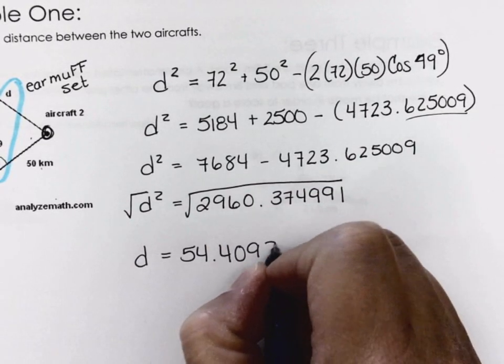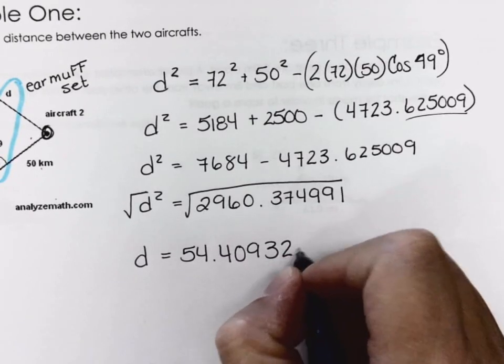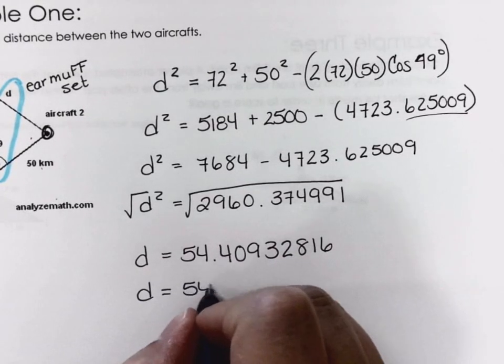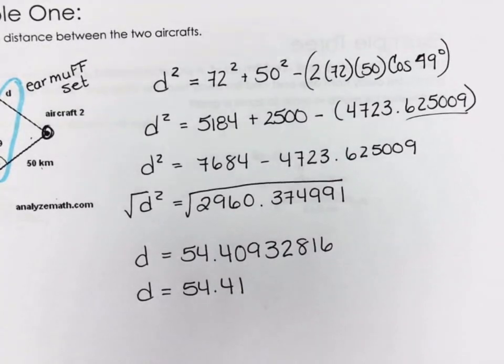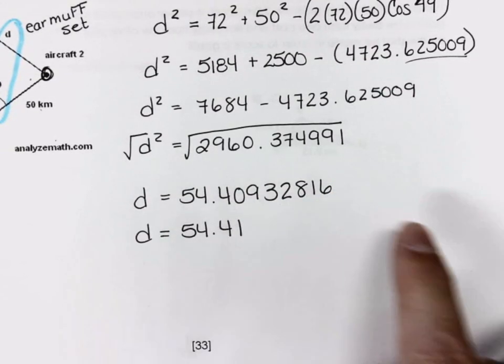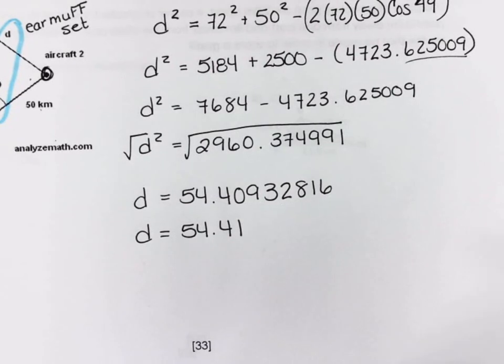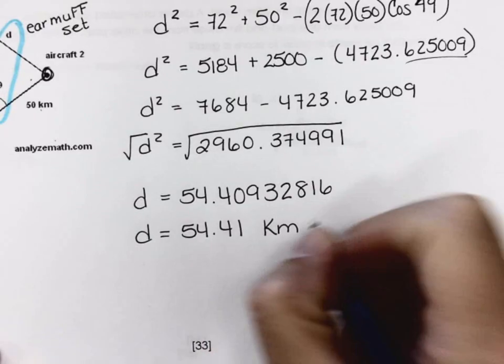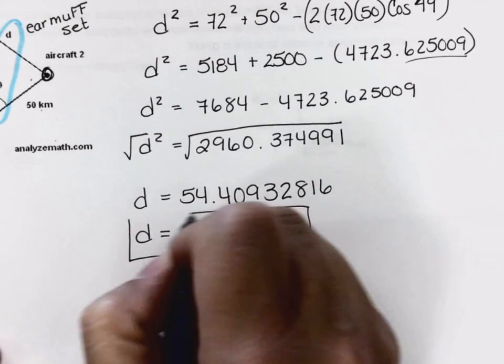So if I use all the decimal places that are on the calculator, if I want to go to 2 decimal places, I don't need to write this. Don't forget kilometers. Exactly. I'm going to lose a half mark here because I don't have units. And so this was all done in kilometers, so this distance would also be in kilometers.